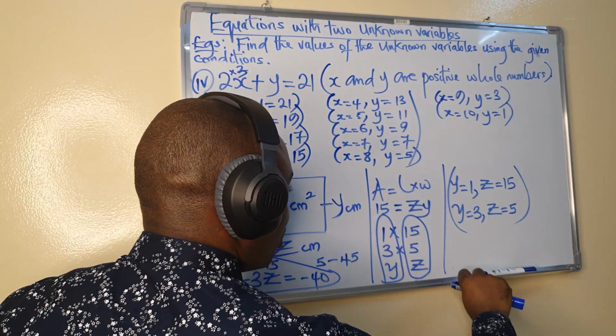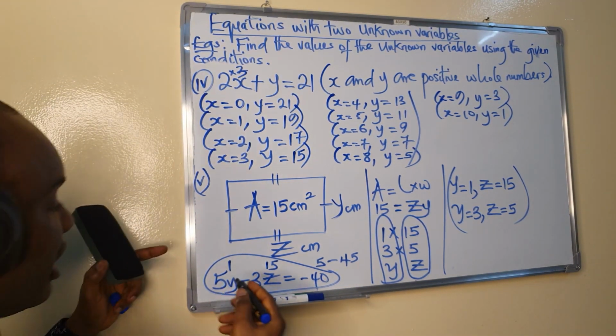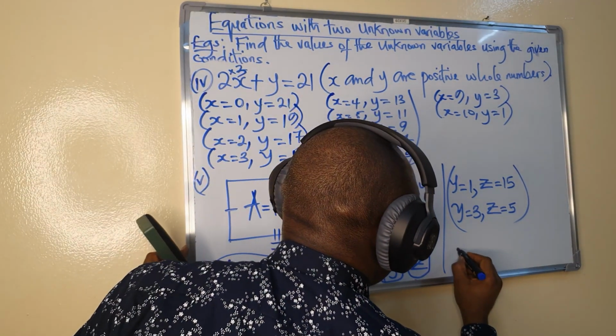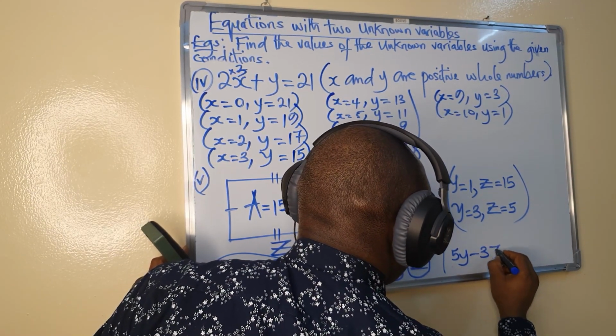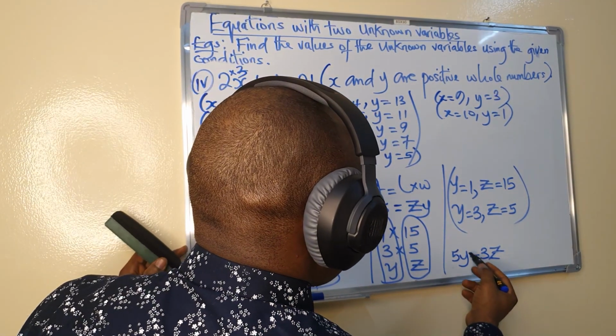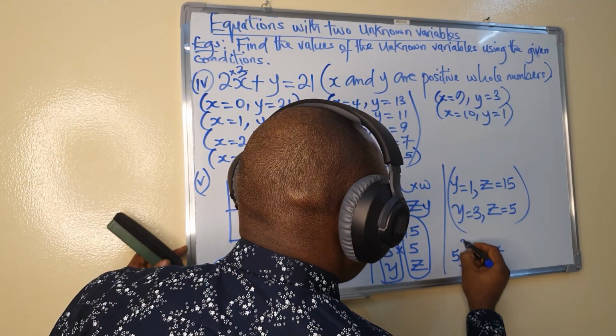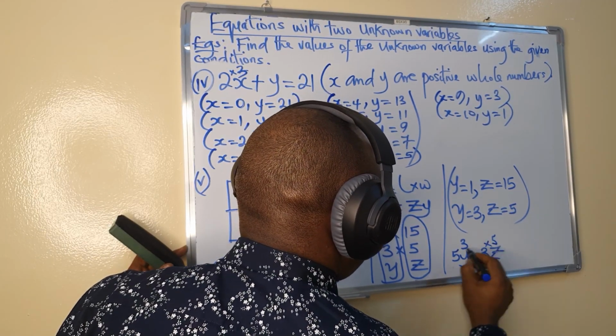The second situation is when y is 3 and z is 5. Let's check that out. This is the equation, 5y minus 3z. We are looking for when y becomes 3 and z is 5. What is it going to be? It just has to do with multiplying.